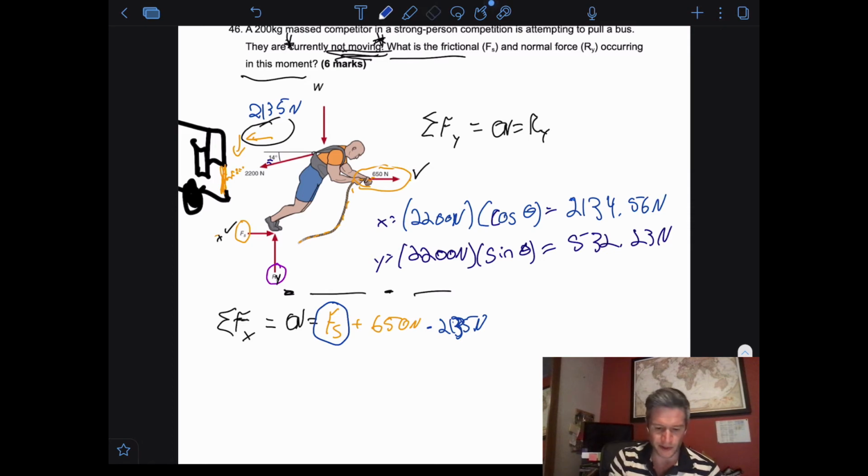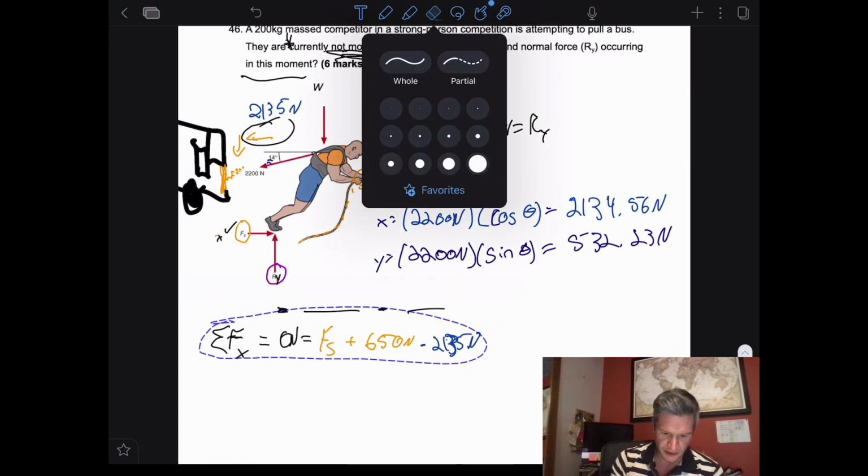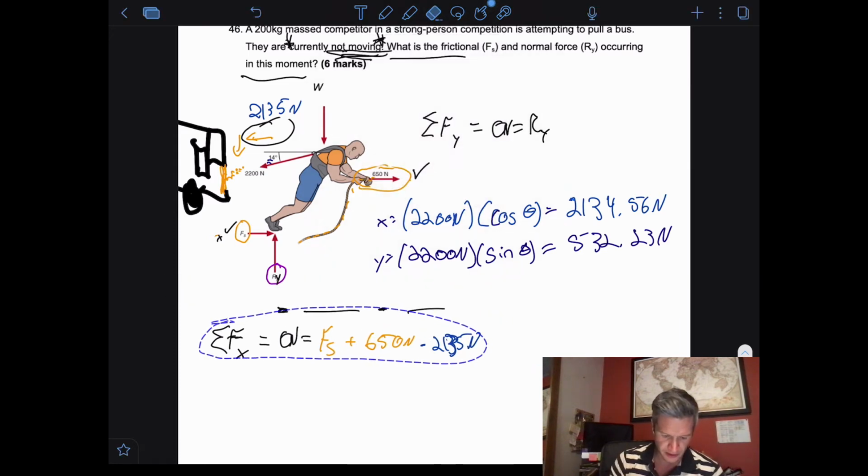Well, we could do that, but it's actually probably going to be easier if we don't. So I'm going to clean this up just a little. If we essentially move these variables to the other side, we can crunch the number first.